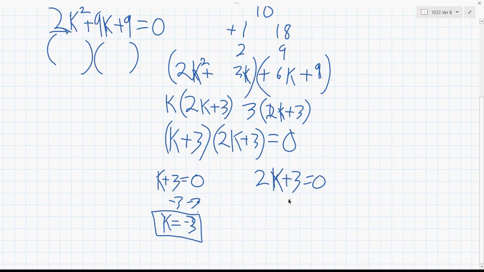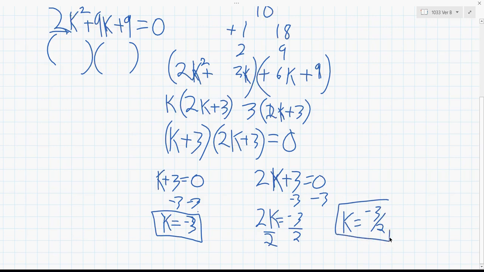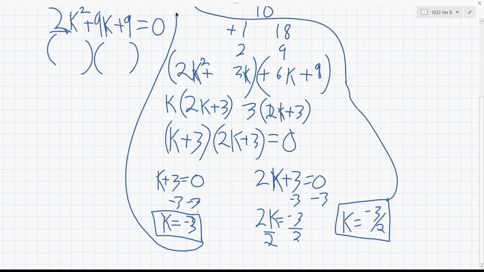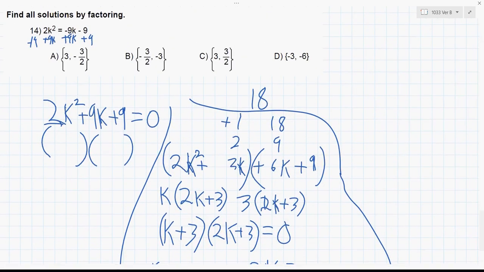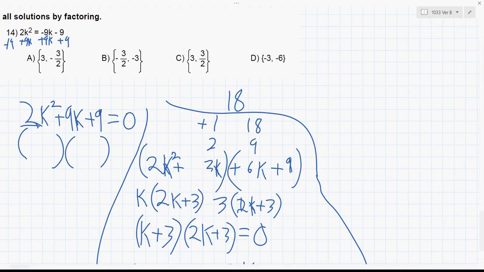On the other one, we subtract 3 from both sides again, leaving 2k equals negative 3, so we divide both sides by 2 and get k equals negative 3 halves as a secondary answer. We take both of these answers back up to the top, and we realize that both negative 3 and negative 3 halves are answers.